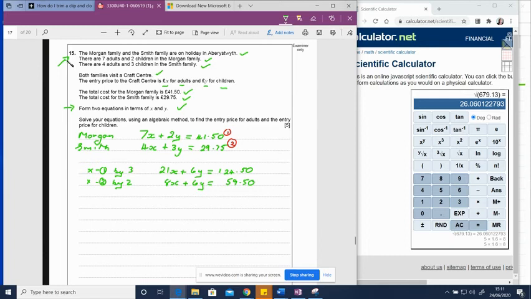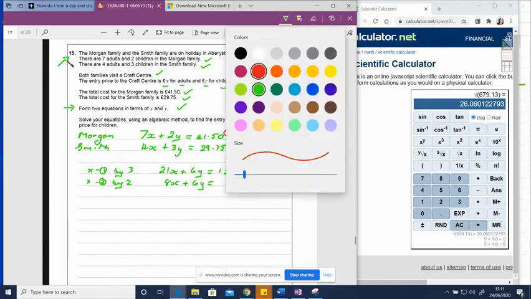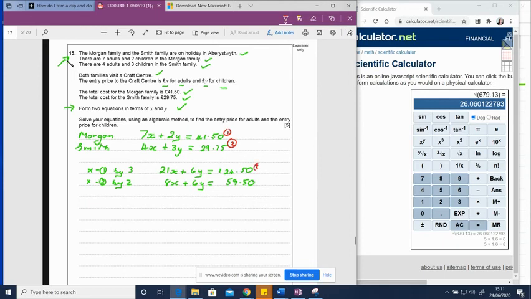Now if I label these equations 3 and 4, to get x on its own, I'm going to take equation 4 away from equation 3. So I'm going to write that down. Take equation 4 away from equation 3.